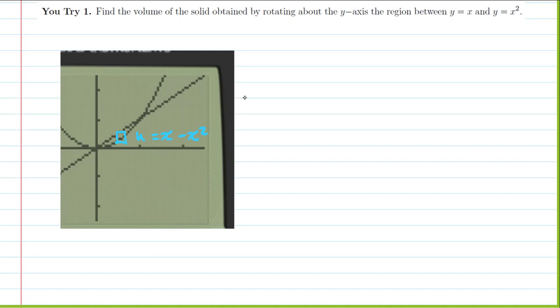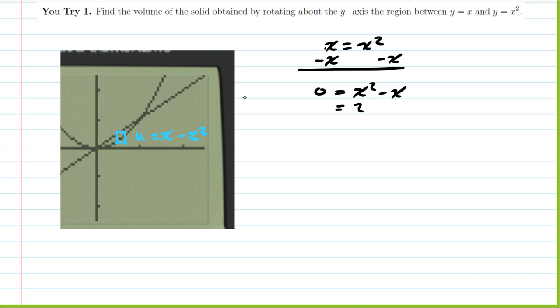And for the intersection of these two curves, we set them equal. We have x equals x squared minus x, and we factor, so that's x and x minus 1. So our two solutions are x equals 0 or x equals 1.